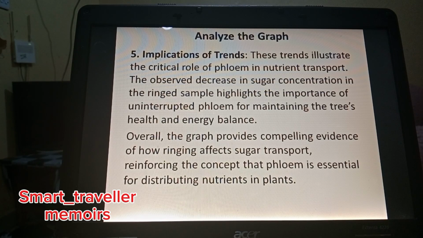The observed decrease in sugar concentration in the ringed sample highlights the importance of uninterrupted phloem for maintaining the tree's health and energy balance. Overall, the graph provides compelling evidence of how ringing affects sugar transport, reinforcing the concept that phloem is essential for distributing nutrients in plants.